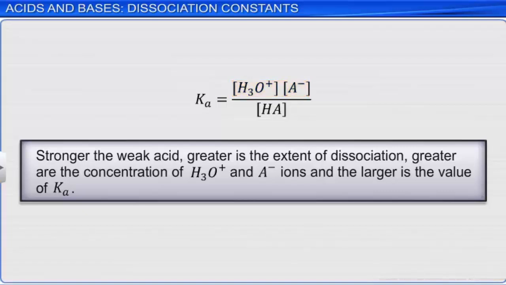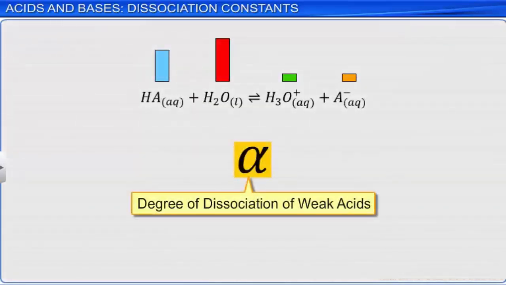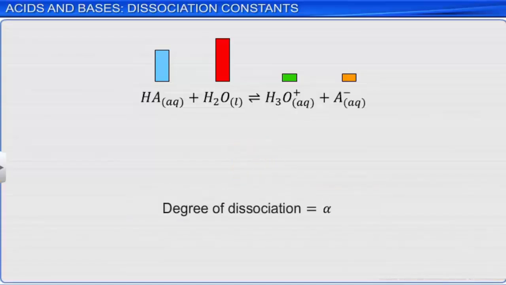The extent of the ionization of weak acids is usually expressed in terms of degree of ionization, which is denoted by alpha. Let us take the same generic example of the dissociation of weak acid, HA, in water, to derive the expression for the degree of dissociation of weak acids in water.